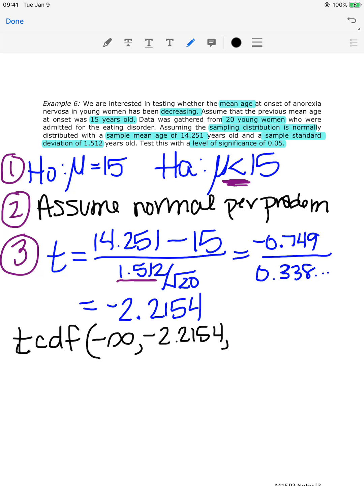And then the last thing it wants is the degrees of freedom. The degrees of freedom is your sample size minus 1. So in this case, our degrees of freedom is 19. And that's how your calculator knows which of the possible bell curves to calculate the probability for. Because as you change your sample size, your bell curve changes.